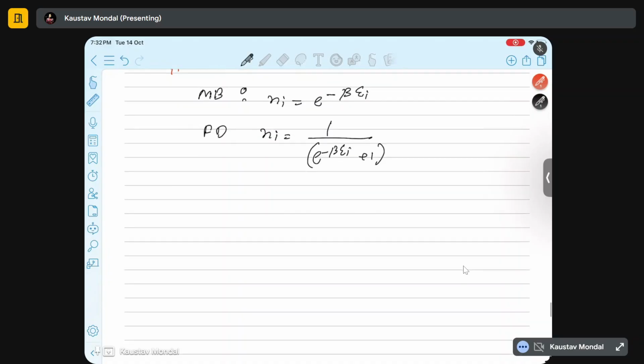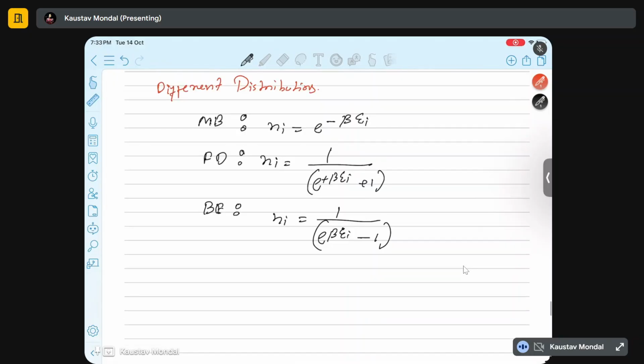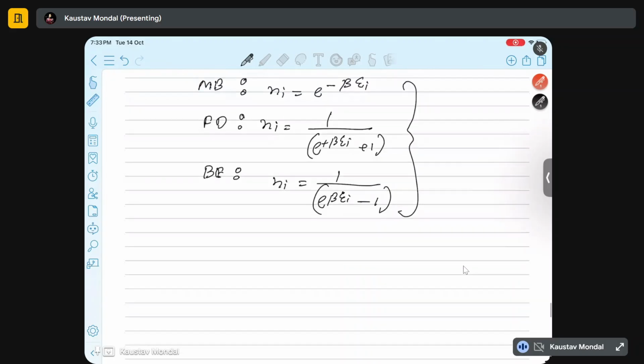And last for BE, distribution looks like this, Ni equal to 1 by e to the power beta Ei minus 1. So these are the three different types of distributions. Now FD and BE are mainly applicable for quantum systems.